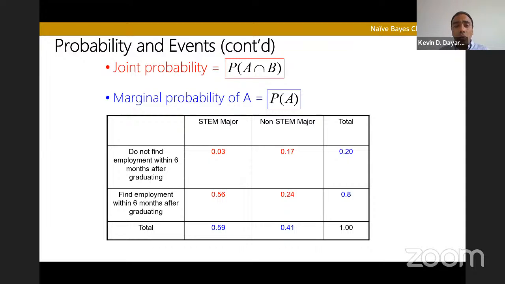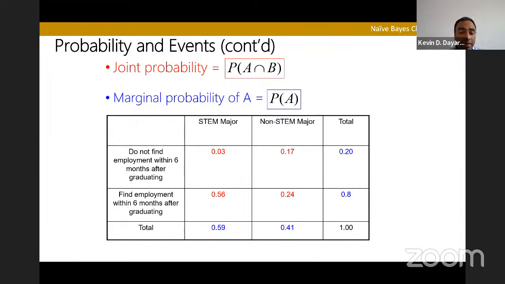Using the concept of relative frequency probability, one could interpret this as saying, assuming the data is representative of the general student population, the probability of a randomly chosen person being a STEM major and not finding employment within 6 months after graduating is 0.03, or 0.56 for being a STEM major and finding employment within 6 months after graduating, and so forth.